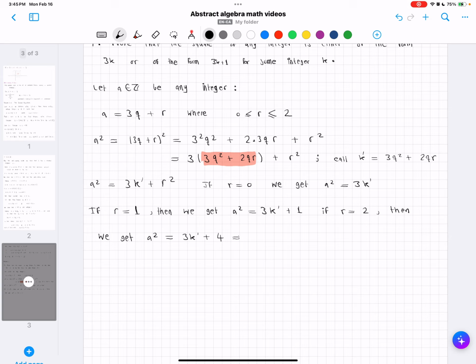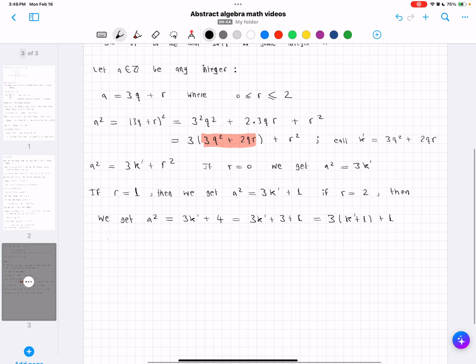We can break 4 as a 3 added to a 1, and factor a 3, and you have 3 times (k prime plus 1) plus 1.